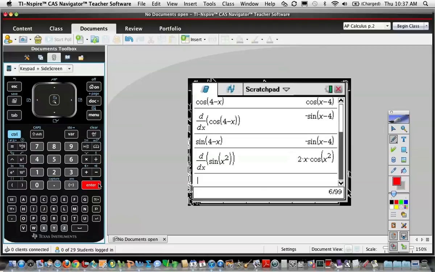So this will not change what we have been doing. It will just add to it. Okay? So every one of these, like right here, when I did the derivative of cosine, we say, well, the derivative of cosine is negative sine. We leave the inside alone, but we have to kick out the derivative of the inside. Well, if you think about the inside, 4 minus x, what's the derivative of 4? 0.